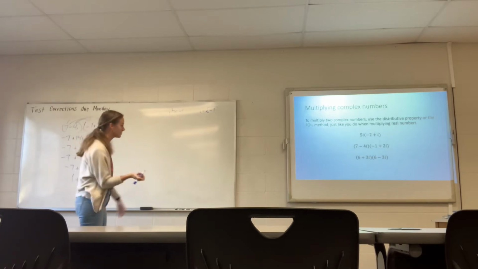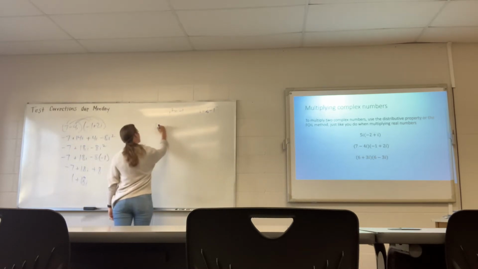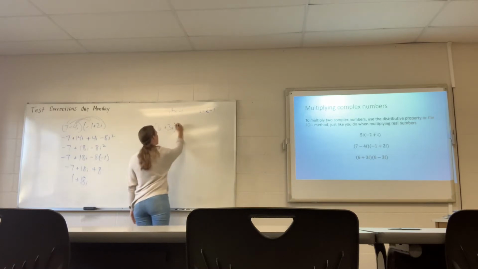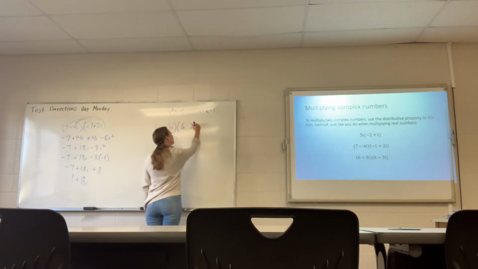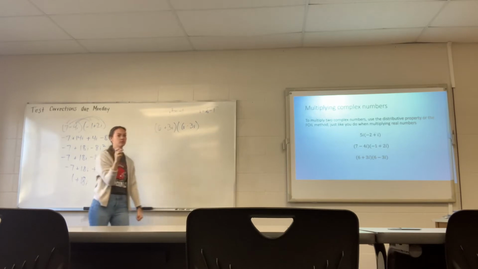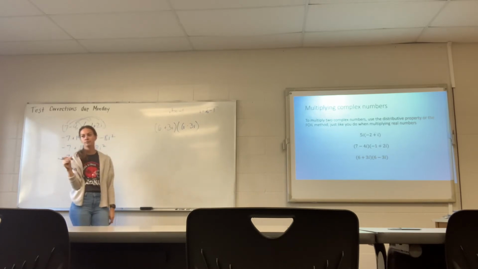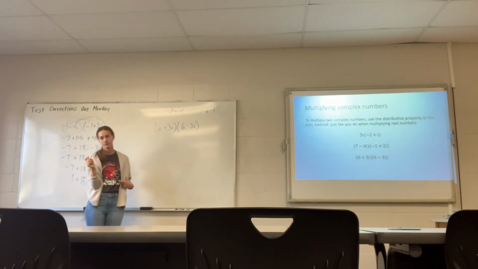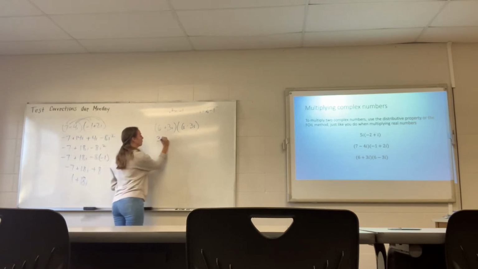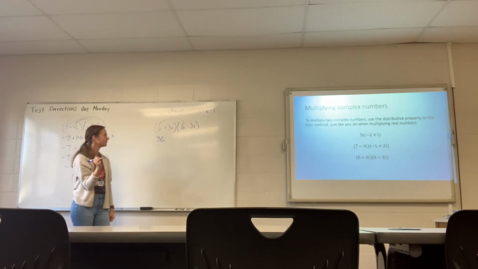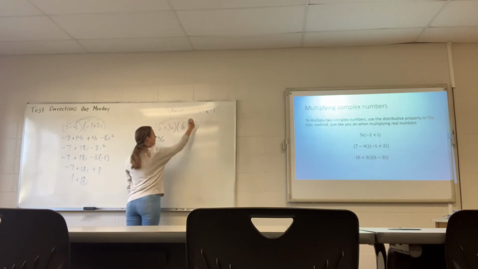Okay, let's do this last one. So this time I have 6 plus 3i and then 6 minus 3i. All right, let's see. Brayden, go ahead and help me FOIL it. Okay, what would I do? 36. Okay, minus 18.